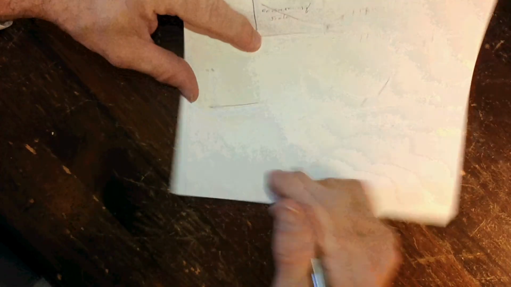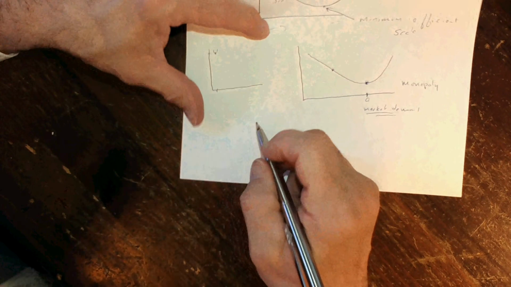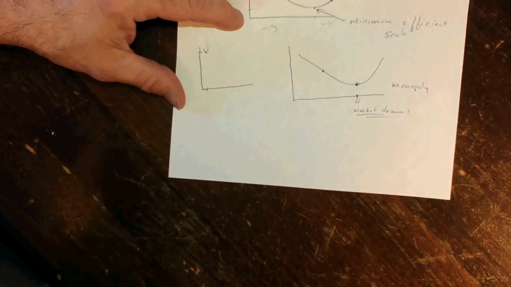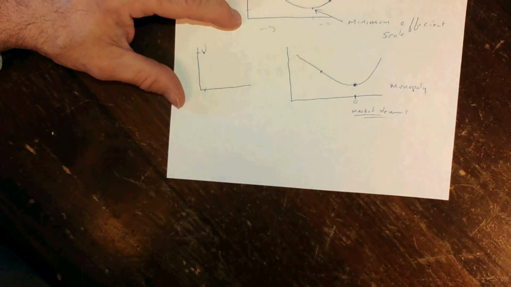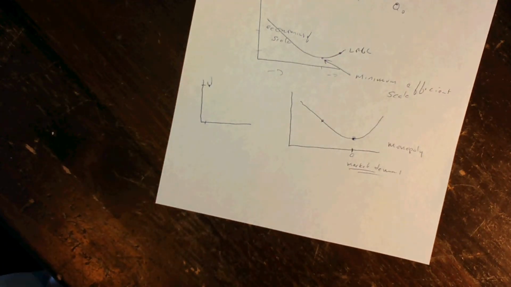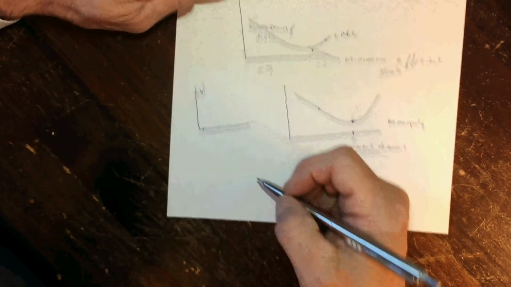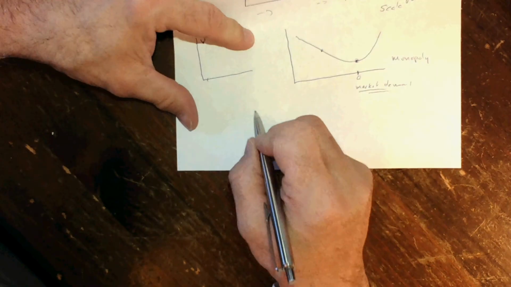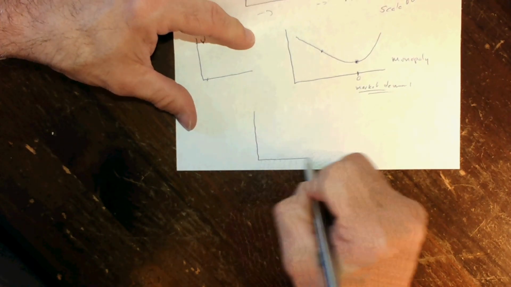Some firms have something called constant returns to scale. And the long run curve of these industries looks like this.